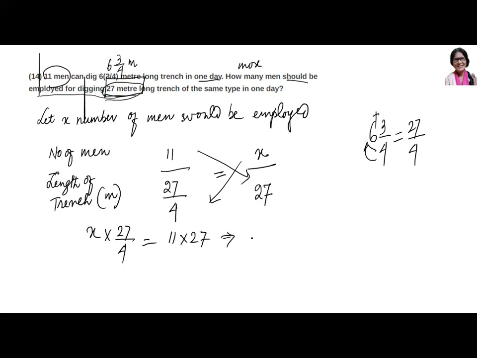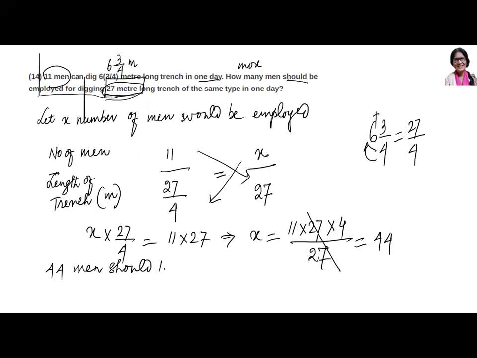Or X is equal to 11 multiplies 27, 4 will go to numerator, 27 will come to denominator. 27 cancel. You are getting 44. So 44 men should be employed to dig a 27-meter trench.